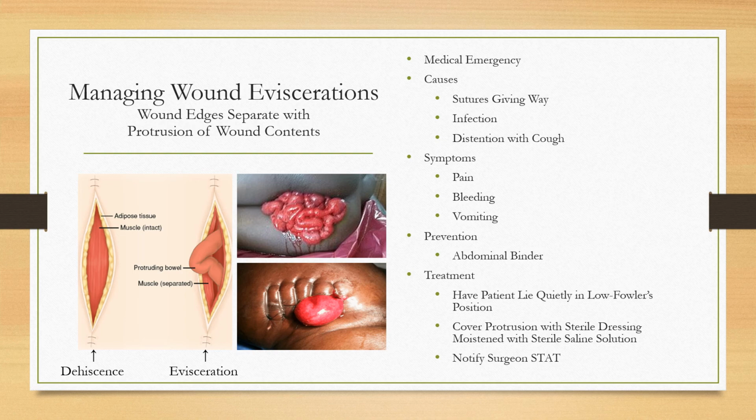Okay. What are the symptoms? Well, definitely pain if the wound opens. Bleeding can occur because it's torn through vessels that we're trying to heal. Vomiting can occur if bowel comes out and twists and gets obstructed.